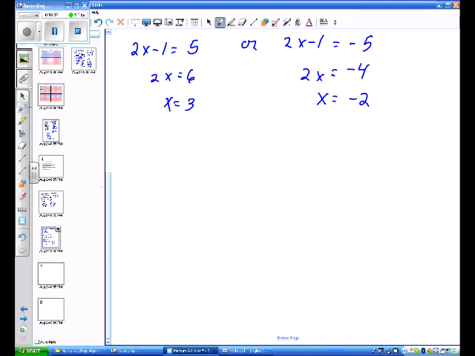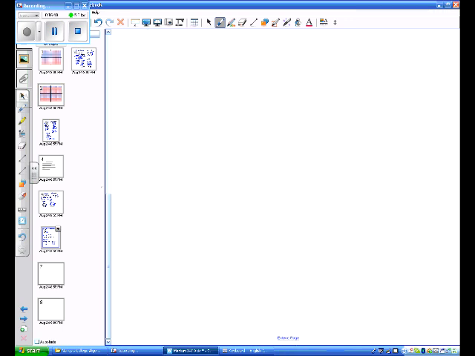As we do this and we're solving, we want to make sure we have just the absolute value on one side before we set it up into our equations. If we had 4 times the absolute value of 1 minus 2x, minus 20 equals 0, well, before we set up our equation to solve, we have to get this absolute value portion by itself. It's just like if this were the equation 4x minus 20.